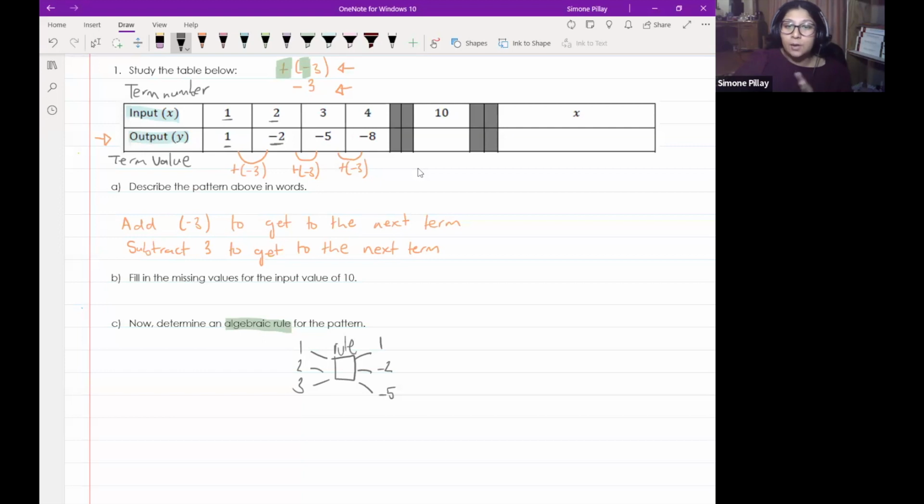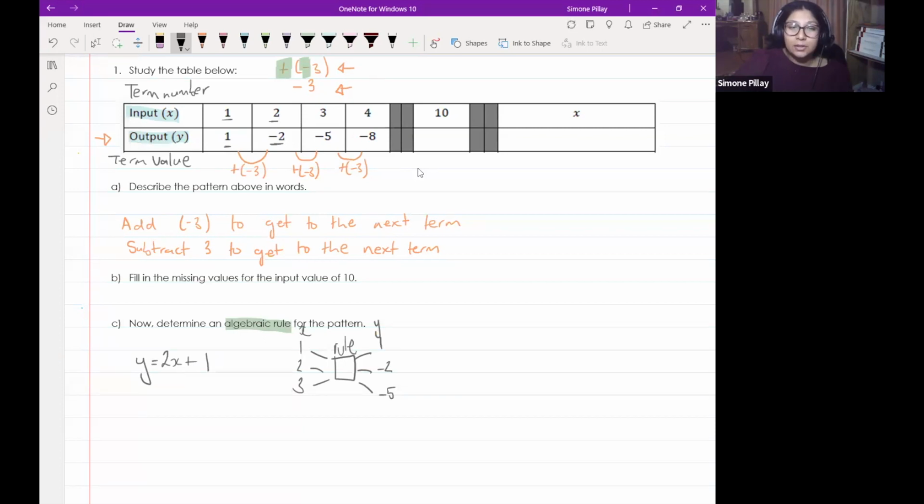And once we apply our rule to the input, we get our outputs on the other side. Yes, ma'am, I remember. So all that it is we call our inputs X and we call our outputs Y. So when we have an algebraic rule, you'll get something like this. It's just a random rule now. Y is equals to 2x plus 1. You'll get something like this. And why do we want this?